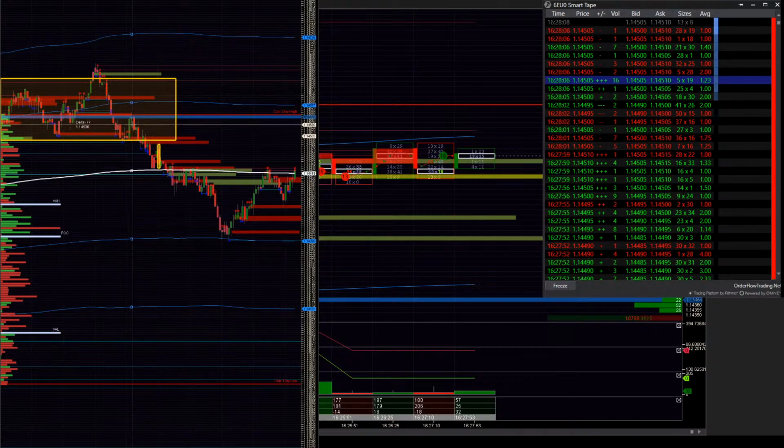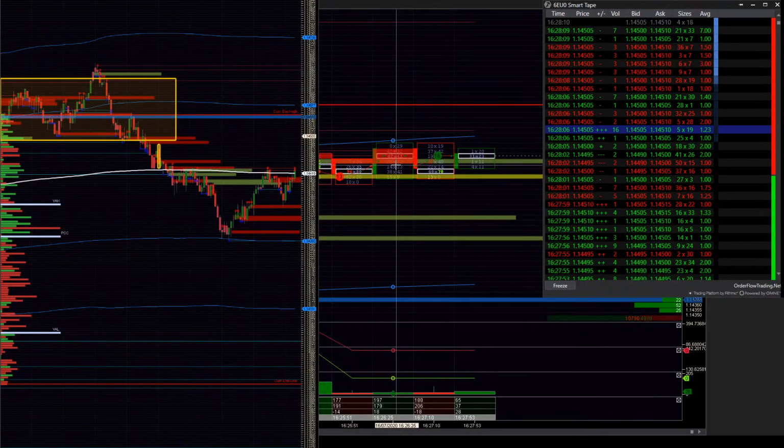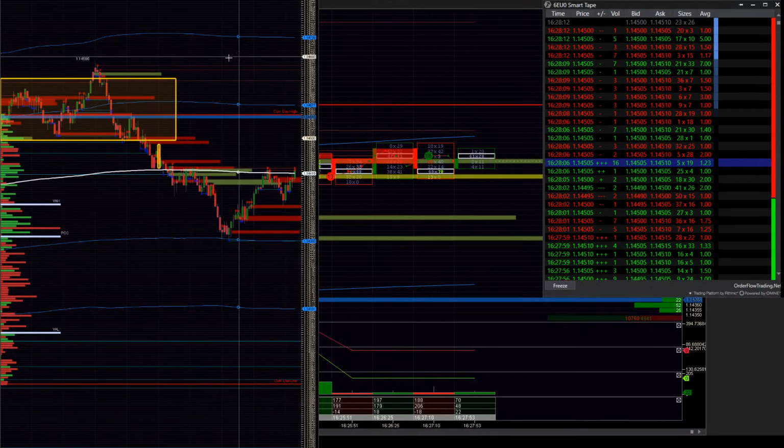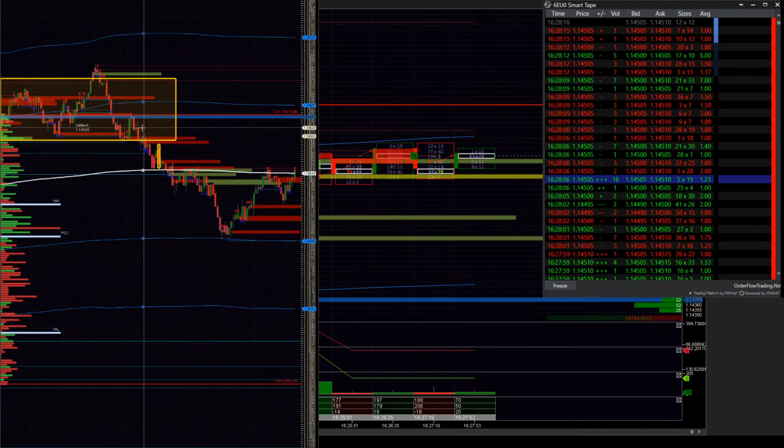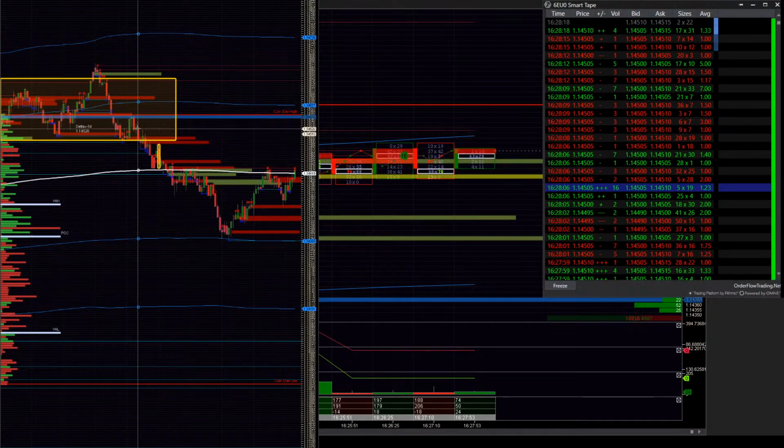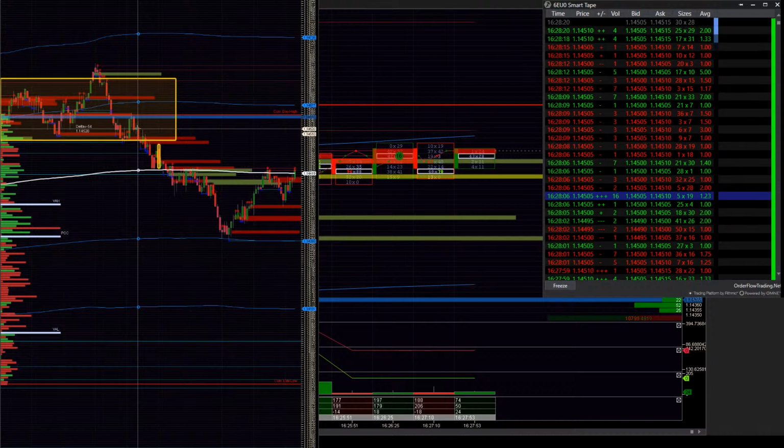But we will have to actually look in the footprint chart to find that precise entry. But I won't do that because we have only a couple of minutes.